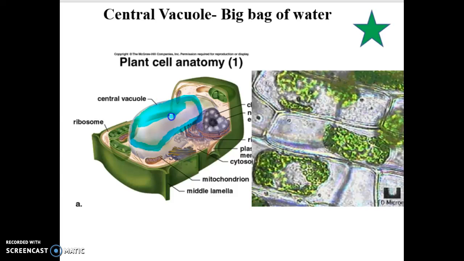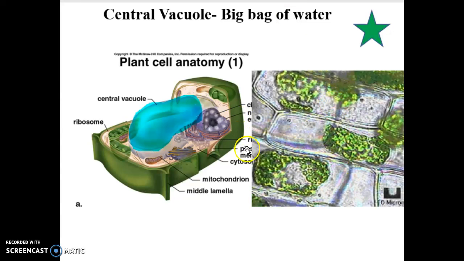It's like a big giant water bed or water balloon here, filled with water. Tends to sit in the center of the plant cell, filling it up, giving it some rigidity and some kind of structural support when we look at the big bag of water within the plant cell.